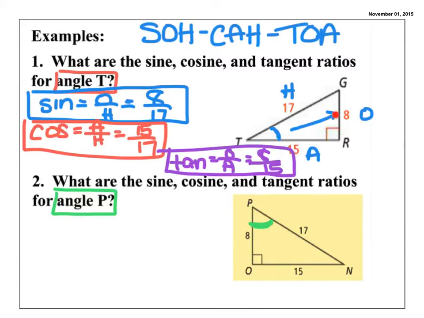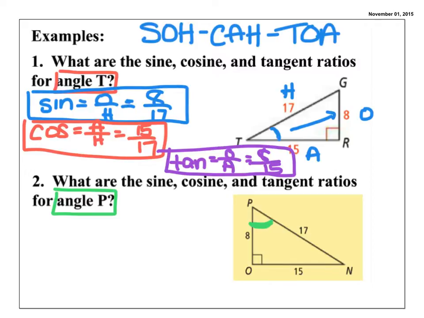Some of you were saying, well, we're going to get the same answers because they still have 8, 15, and 17. We're actually talking about a different angle this time. So instead of our angle being down here at the bottom corner, our angle is now up here at the top corner. So our answers are going to be switched up a little bit. They have the same numbers, but the ratios are going to look a little bit different.